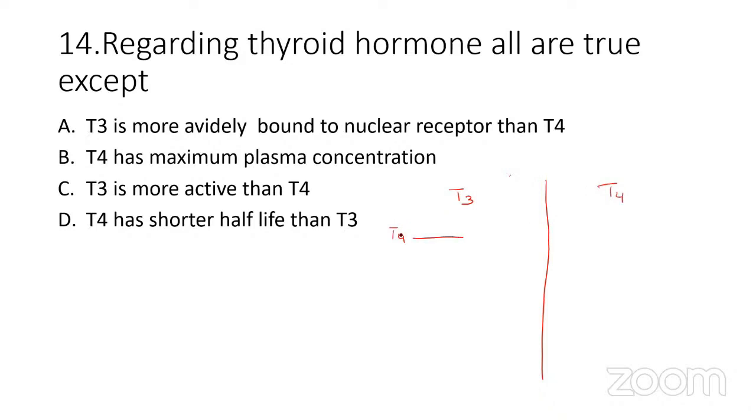Peripheral conversion of T4 to T3 is by 5'-deiodinase, an enzyme which removes one iodine. T4 is the most abundant thyroid hormone, but most of the metabolic effects of thyroid hormone are mediated by T3. It is very fast.